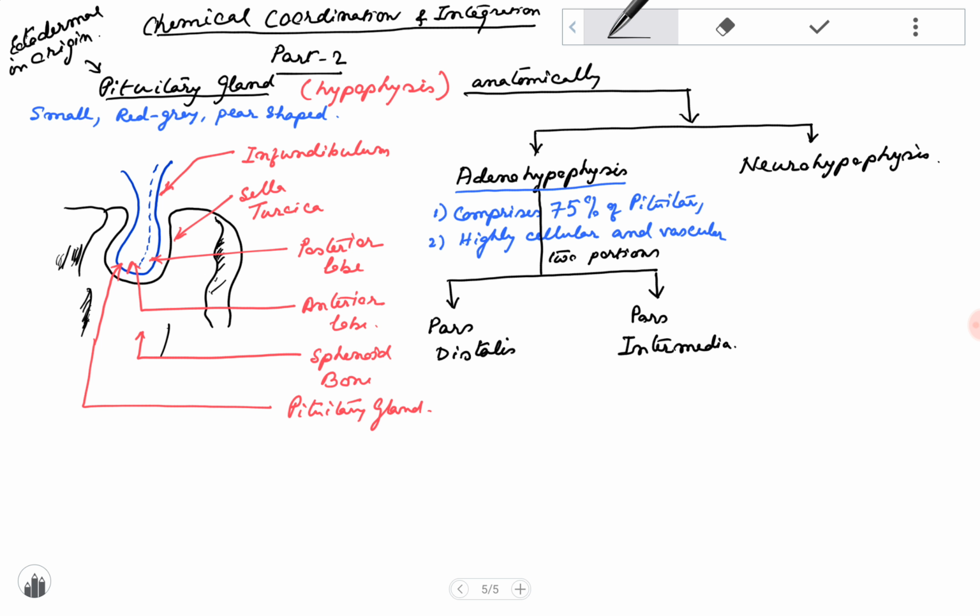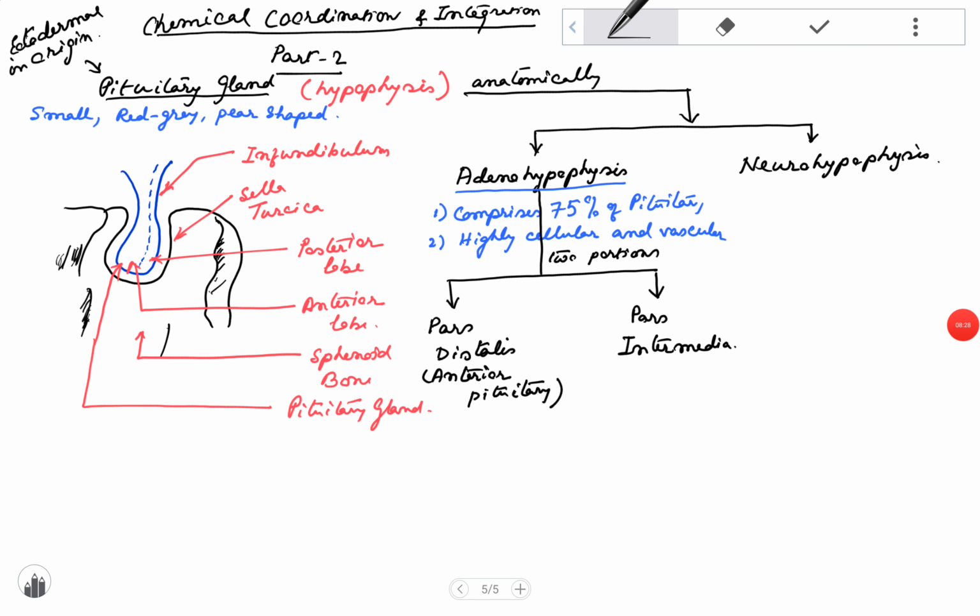The pars distalis is commonly called the anterior pituitary. This one, the anterior lobe, is the anterior pituitary.